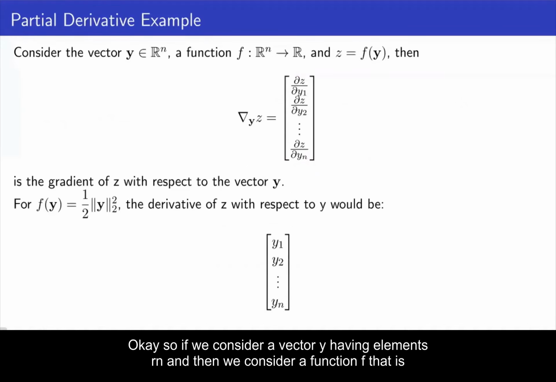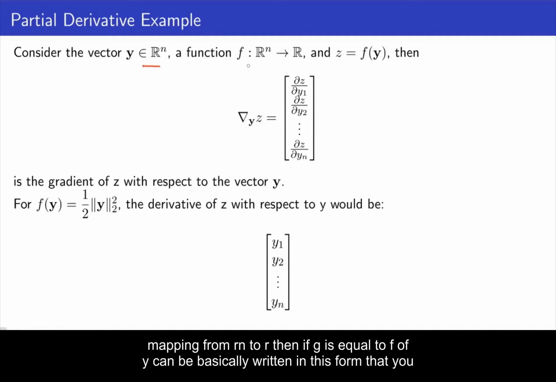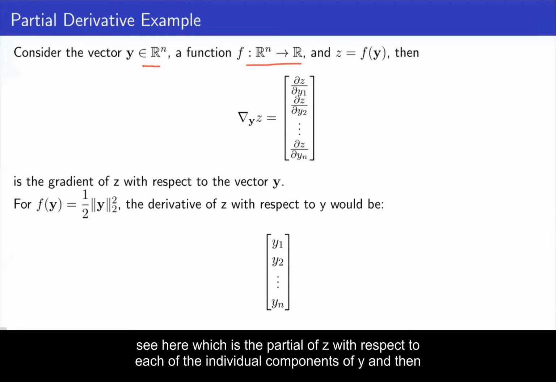Okay, so if we consider a vector y in R^n, and a function f that maps from R^n to R, where z is equal to f of y, this can be written in the form that you see here, which is the partial of z with respect to each of the individual components of y.